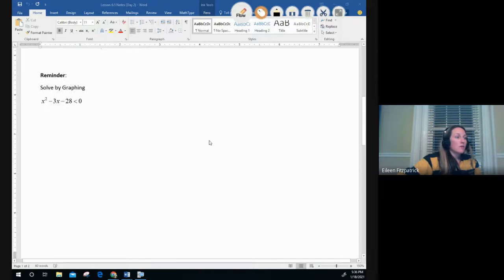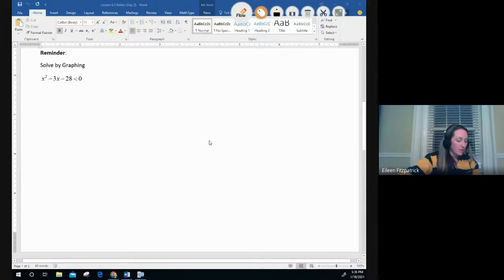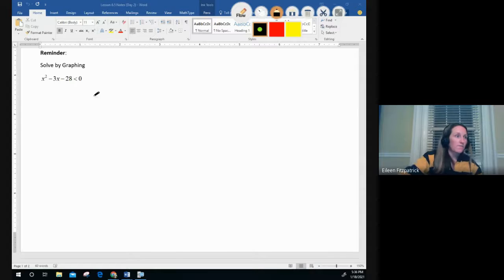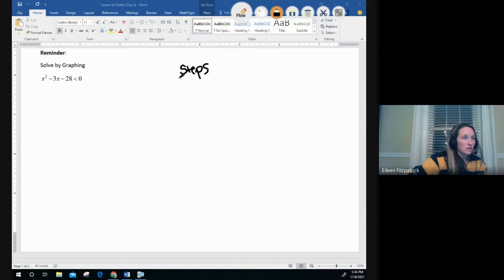Next, it says solve by graphing. There are steps we can follow for solving by graphing that I'll write out before we do the problem. So your steps. First, you're going to set equal to 0 if it's not already equal to 0.